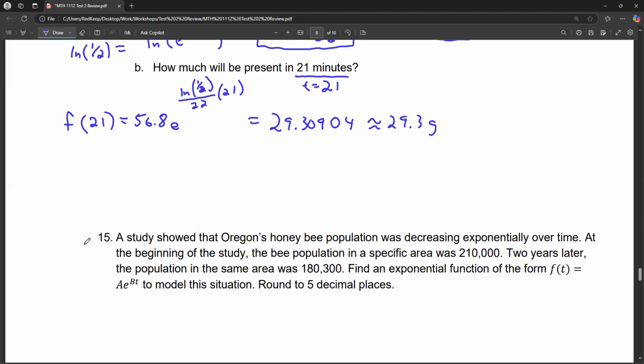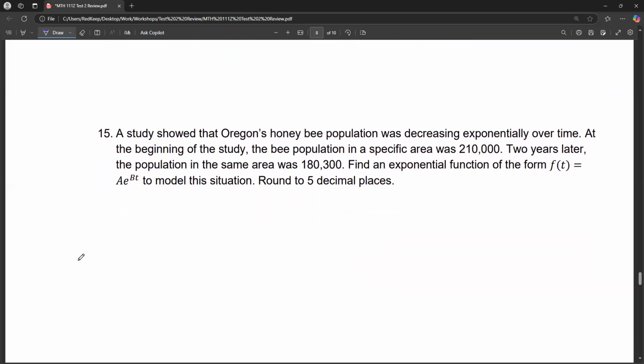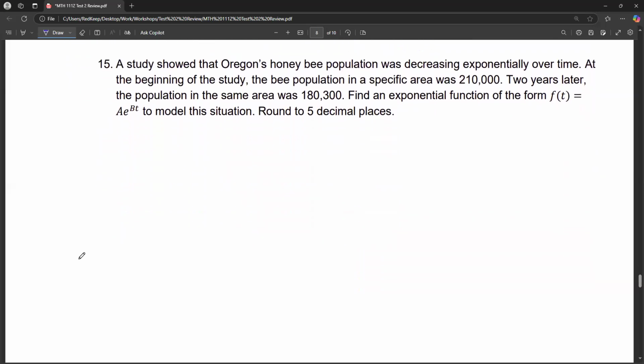Okay, so moving on to question 15. I think this is the last question of this review. It's talking about a study that showed that Oregon honeybee population was decreasing exponentially. I'm just going to underline that. It's good to remember.